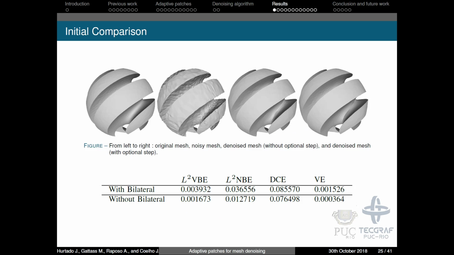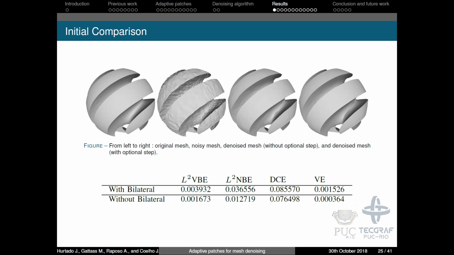So we first compare our method using the optional step. We have an original mesh, then we added artificial noise, and then we clean the mesh without using the optional step, and then using it.